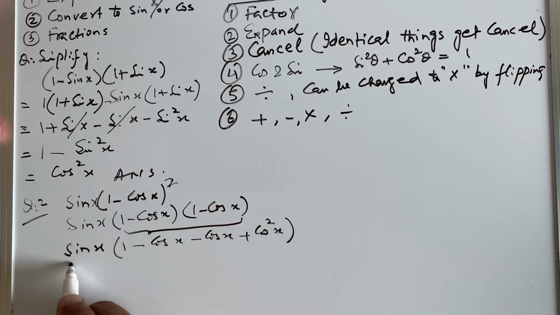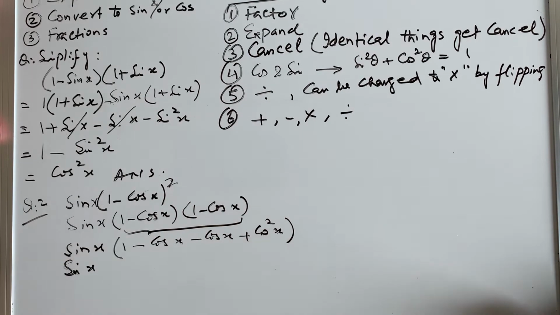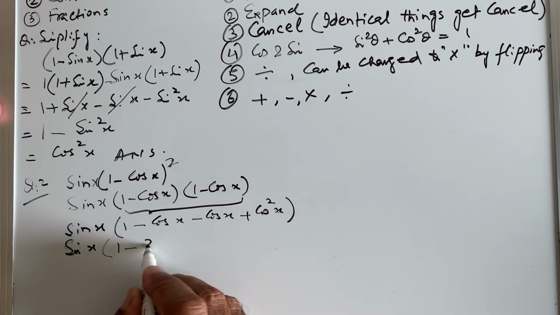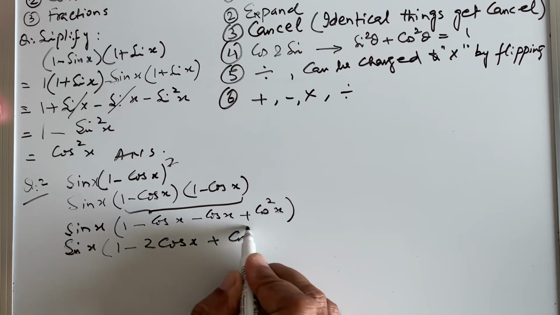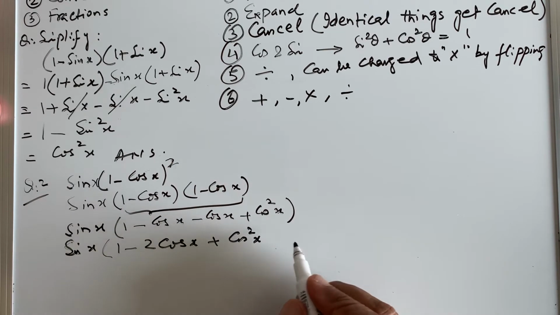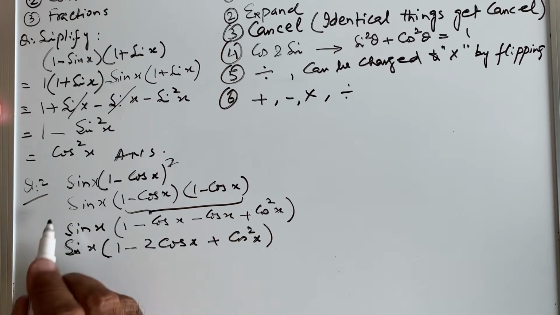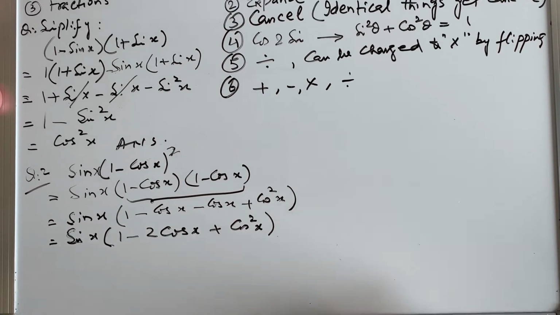We can see here, sin x is outside the bracket. Sin x is still outside the bracket. And I have here 1 minus 2 cos x plus cos square x, right? This is what I have. Sin x is outside. Now is the time to get sin x into the bracket.